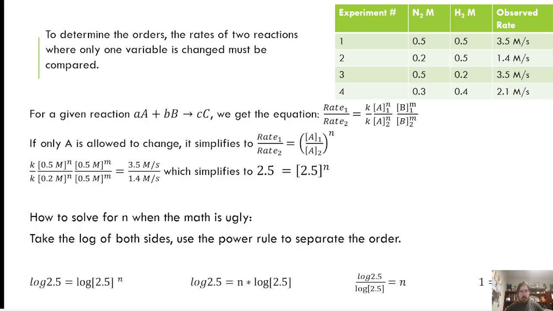But here's what happens when you have to do real numbers and it's not quite so pretty. There's a rule of logs. The log of a number raised to a power is the same as that power multiplied by that log. So in this case, you take the log of both sides, of both values.